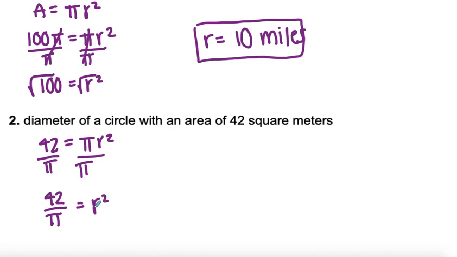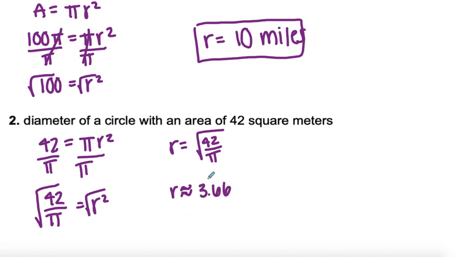And then to get rid of my square, I'm going to take the square root of both sides. And then when you put that in your calculator, you should get that r is approximately, which is what those squiggles mean, 3.66.